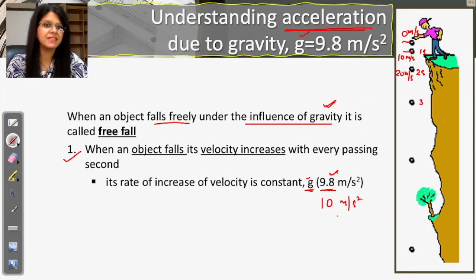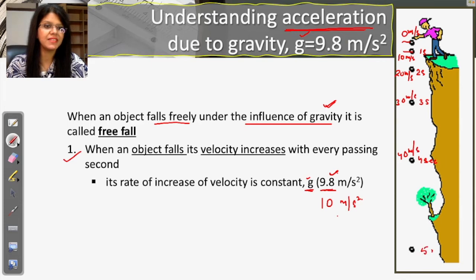After 3 seconds, the new velocity is 30 meters per second. After 4 seconds, the new velocity will be 30 plus 10, 40 meters per second.